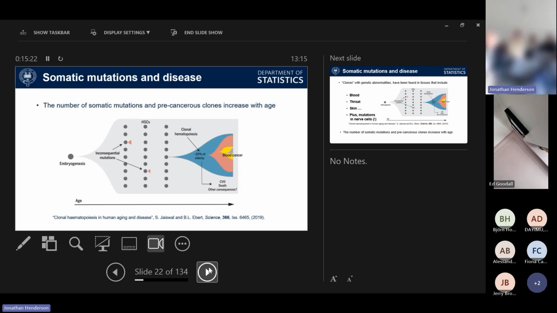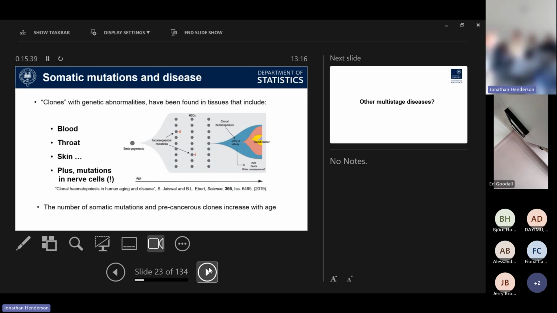These clonal populations were seemingly harmless. They're potentially precancerous, but they're nonetheless there and increasingly common as we age. And subsequently, in almost every tissue that people have looked at, so in the throat or in the skin, similar things have been found.